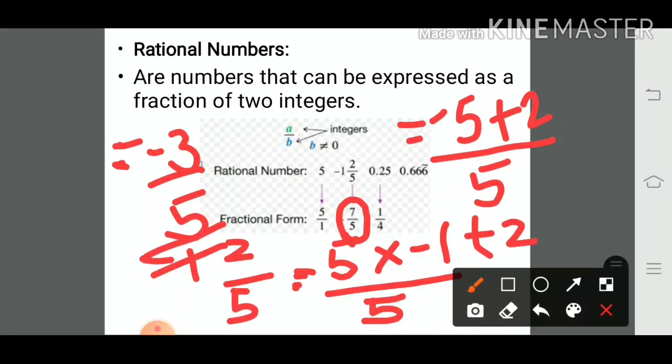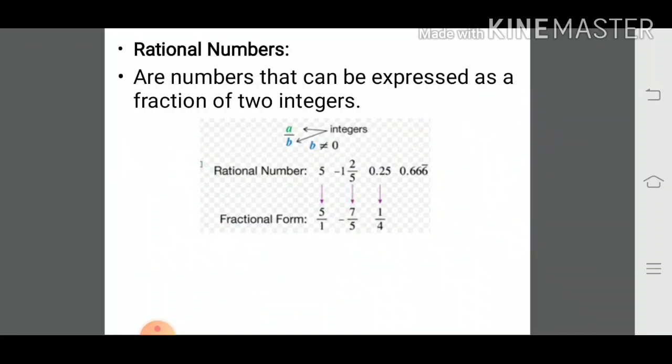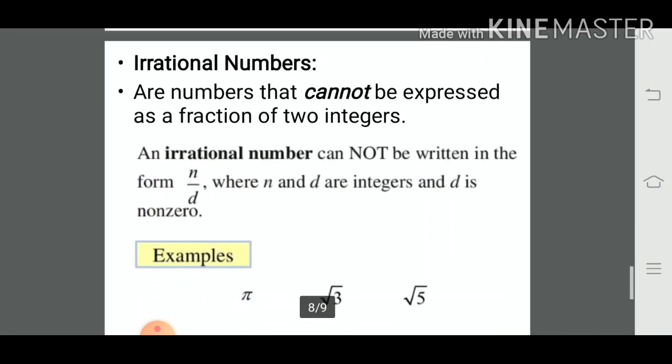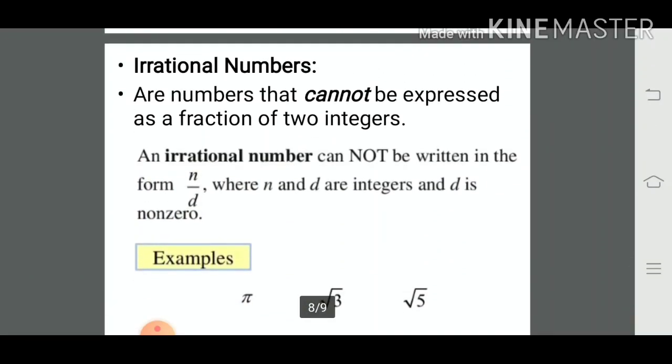So rational numbers are the numbers that can be expressed as a fraction of two integers. Okay. And now last, irrational numbers. Okay. So what are irrational numbers? The numbers that cannot be expressed as a fraction of two integers.